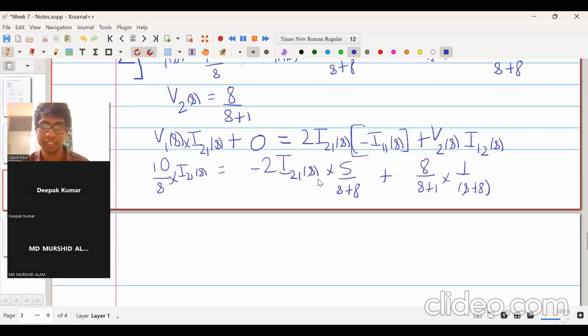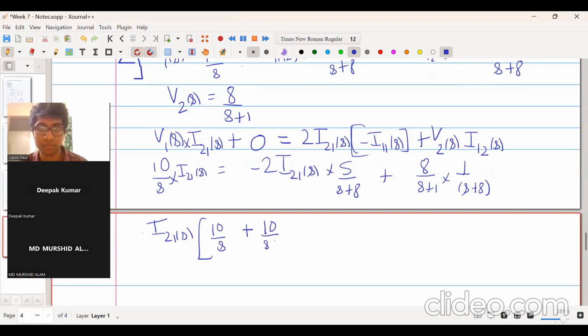Now we take I21 of S common. So it will become I21 of S into 10 of S plus 10 upon S plus 8 is equal to 8 upon S plus 1 into 1 upon S plus 8.